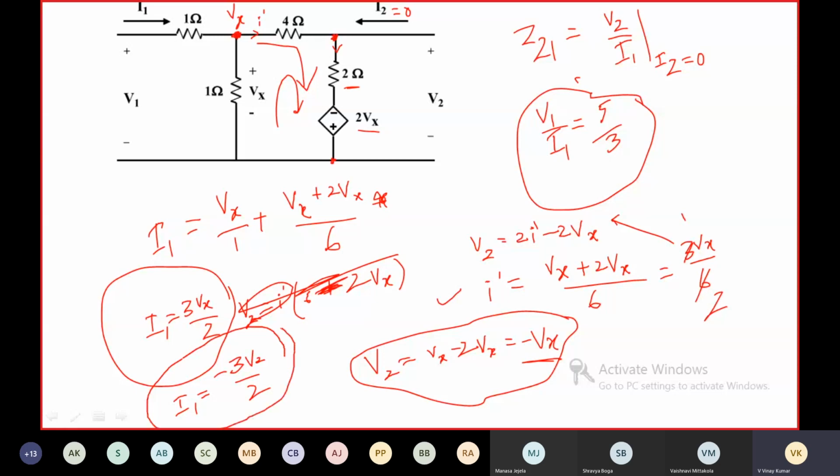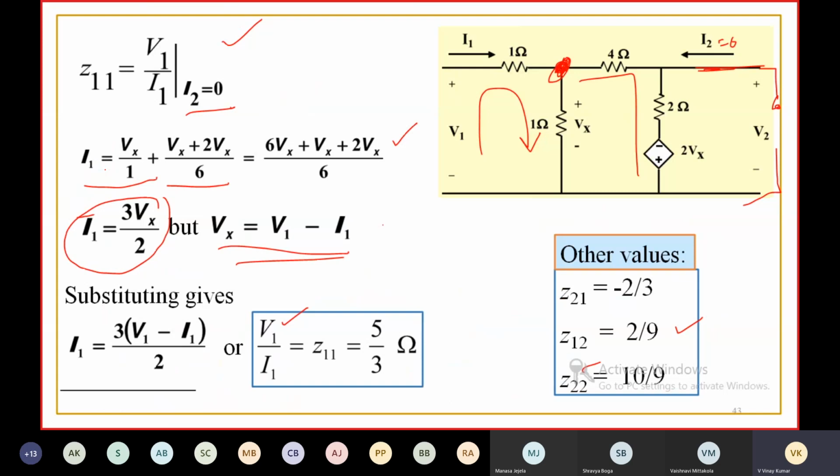From this, what will be the ratio of V2 to I1? V2 to I1 will be equal to minus 2 by 3. Z21 is equal to minus 2 by 3. Similarly, you can solve the other two parameters.